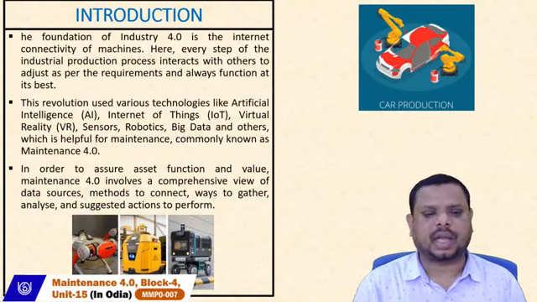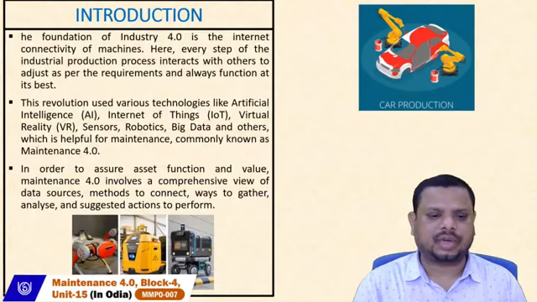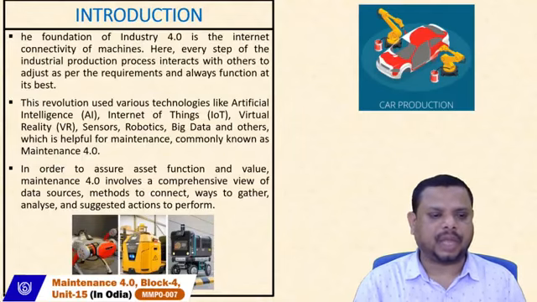The next important part is point number three. In order to assure asset function and value, maintenance 4.0 involves a comprehensive view of data sources, methods to connect, ways to gather, analyze, and suggest actions to perform. Similarly, on the shop floor, a large number of box robots or articulated robots are assigned, and they do their work very precisely, especially dedicated to maintenance work.